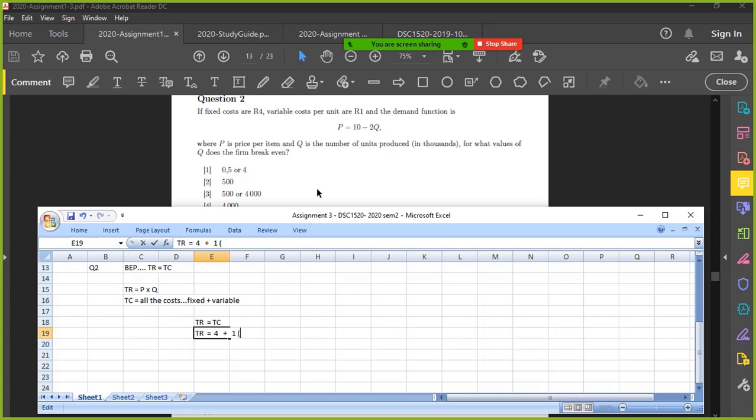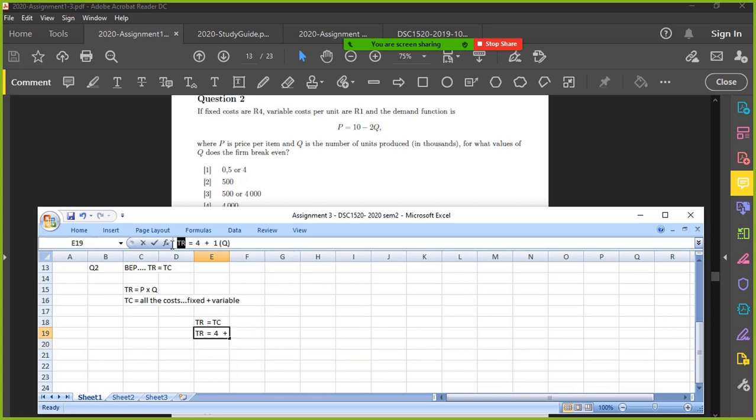So that'll be 1Q. That would be the total costs: your fixed cost plus your variable cost. Variable cost per unit is 1 Rand, and the quantity is the number of units produced, which is Q.